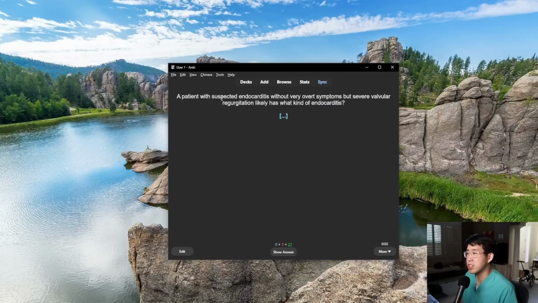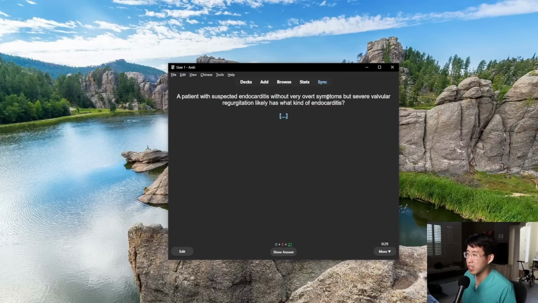A patient with suspected endocarditis without overt symptoms but severe valvular regurgitation likely has what kind of endocarditis? This was a case that was presented on Clinical Problem Solvers. The patient had severe aortic regurgitation, but otherwise they were tolerating it pretty well. And then they basically found that there was a very high suspicion for endocarditis.